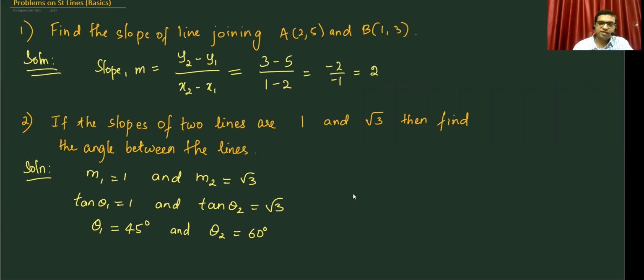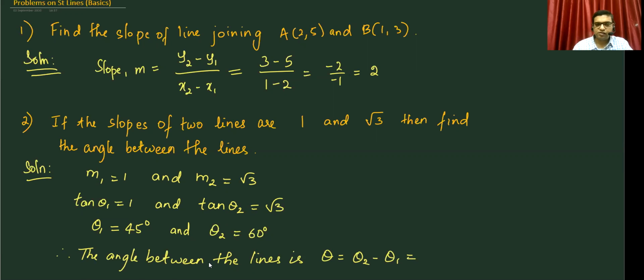Therefore, this makes an angle of 45 degrees with the x-axis, and this makes an angle of 60 degrees with the x-axis. Therefore, the angle between the lines is theta 2 minus theta 1, which is 60 minus 45, 15 degrees.